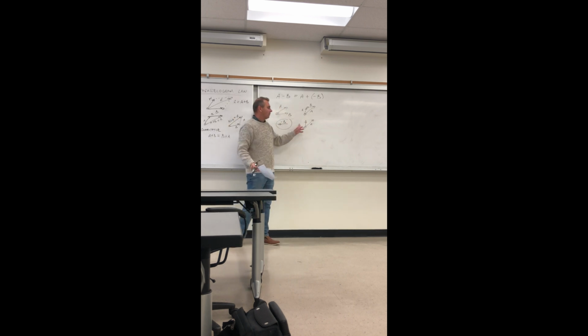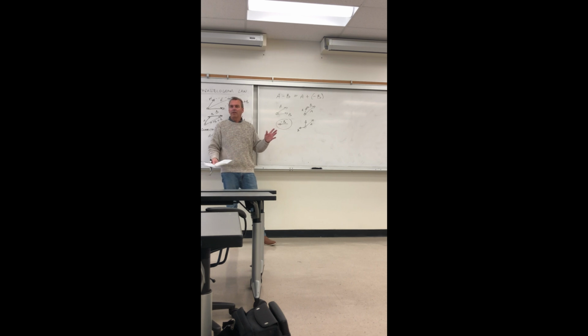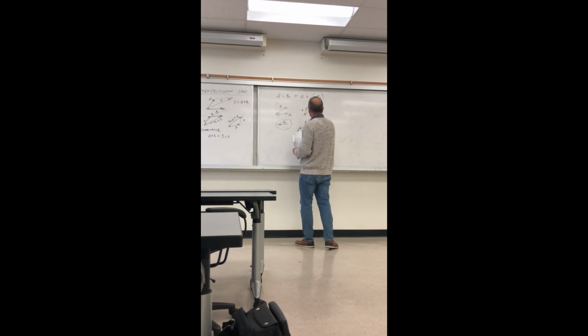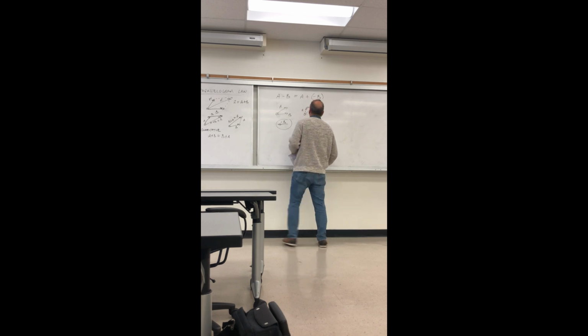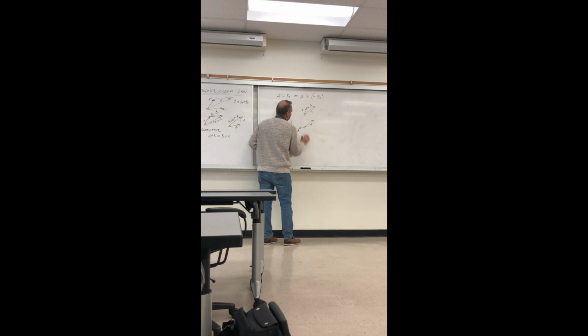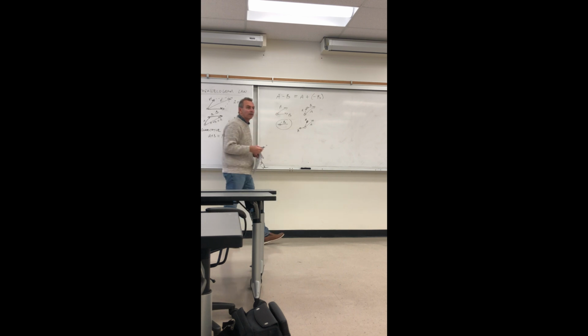You have A, you have B, they're pulling in different directions. So the resultant has a direction. This is the same as the resultant up there. The line is at some distance between them, and the magnitude is whatever it is, okay?